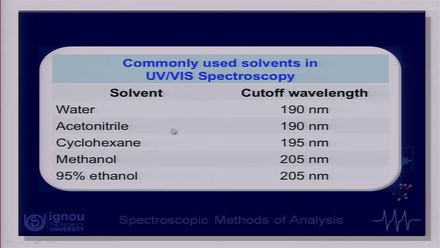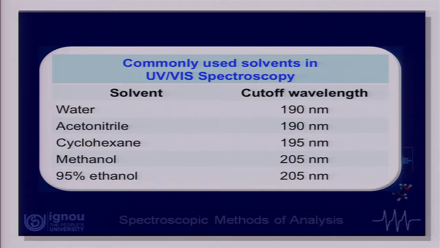Okay. Now, this gives me a list of some solvents which are used. Say water, cutoff wavelength is 190. What does it mean? It means that if I am to make a measurement at wavelengths from say 170 nanometers to about 240 nanometers, then I cannot use water as a solvent, because at wavelengths below 190 nanometers water will start absorbing.